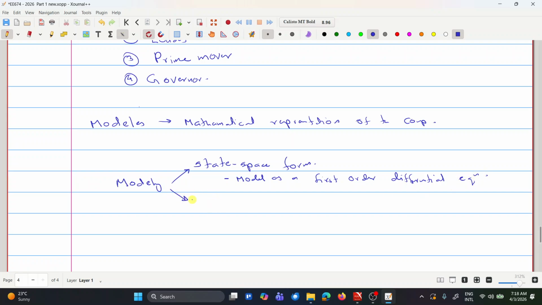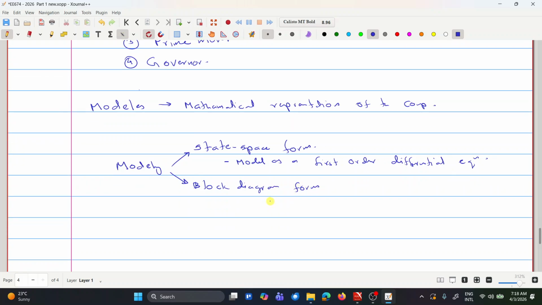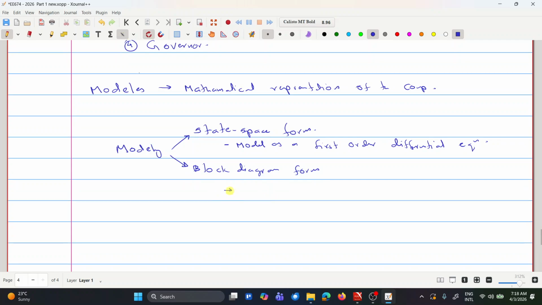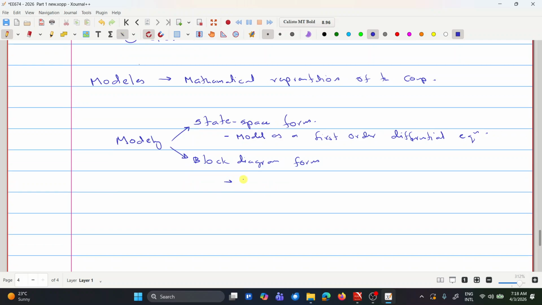Or you can model it in block diagram form, where the derivation is in the Laplace domain.